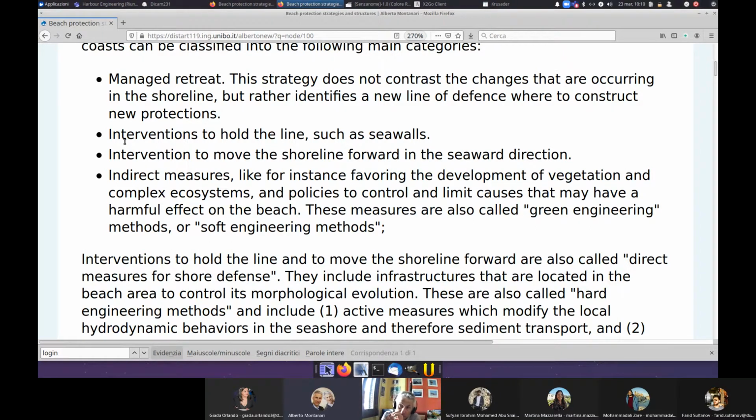Erosion is basically originated by human intervention. For instance, if you build a harbor, you have to expect that in the neighboring coastline, erosion processes may take place, depending on the behavior of the currents, the waves, and the beaches.